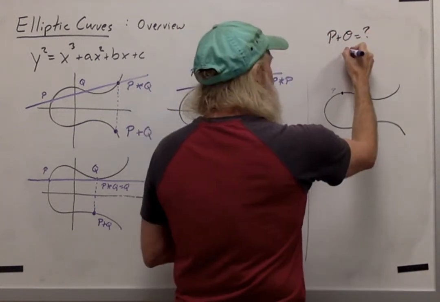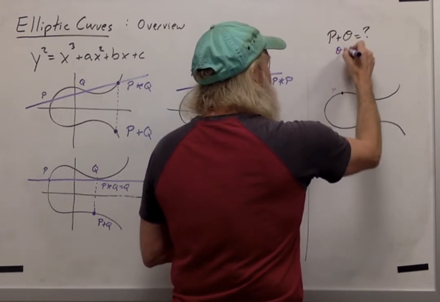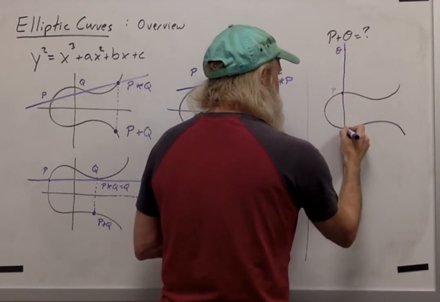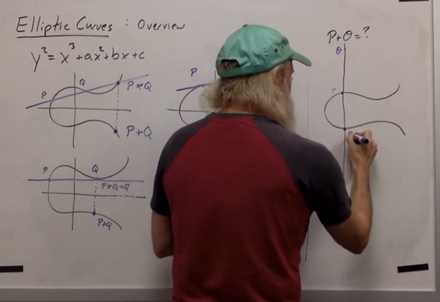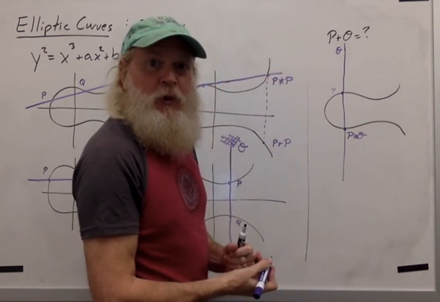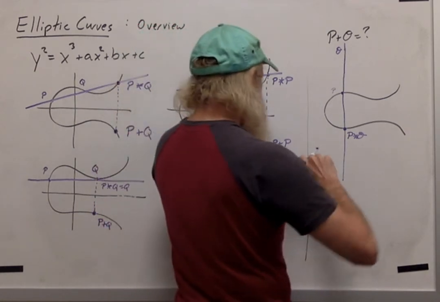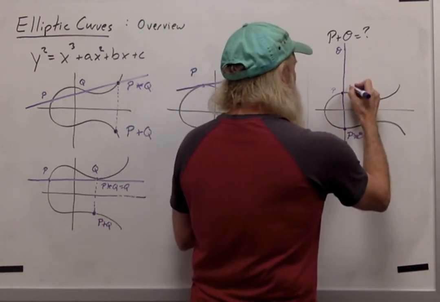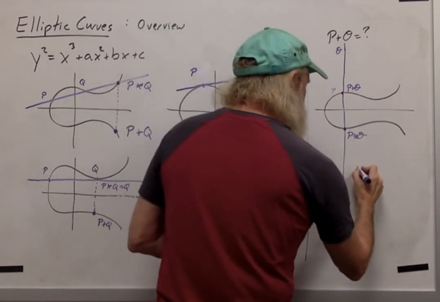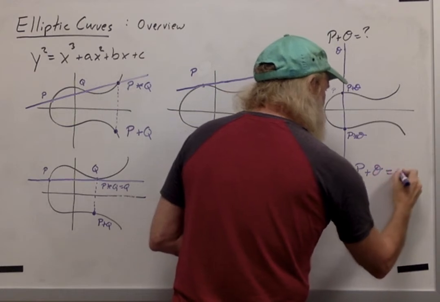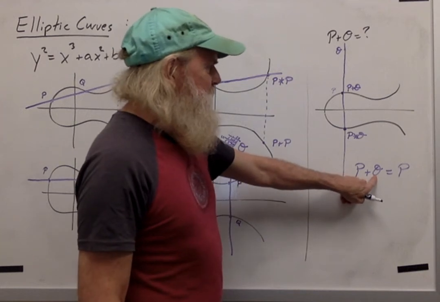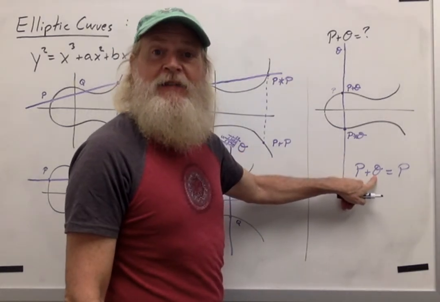Well, O is infinitely far up, so we'll draw the vertical line through O and P. So this would be P star O. And then we will reflect it across the x-axis. We get that P plus O is the same as P. So P plus O equals P. So that means that O is acting like an additive identity.